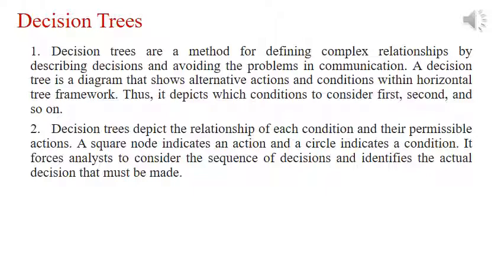So decision trees depict the relationship of each condition and their permissible actions. A square node indicates an action and a circle indicates a condition. It forces analysts to consider the sequence of decisions and identifies the actual decisions that must be made. So let's discuss with the help of a diagram.